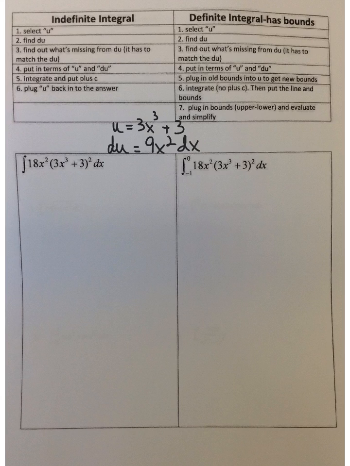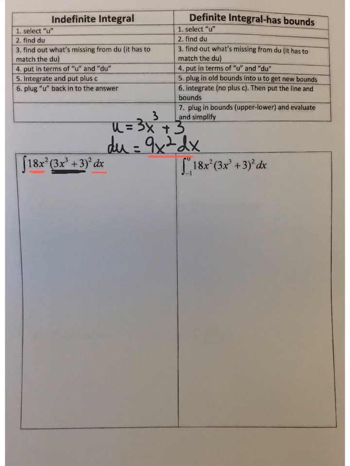All right, so now what we need to do here is on the left-hand side, I see that this matches my u. And if I also look on the left-hand side here, I've got 18x squared dx, but I have 9x squared dx as my du over here, so that doesn't match.